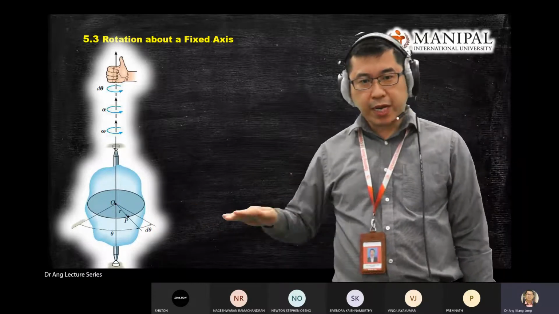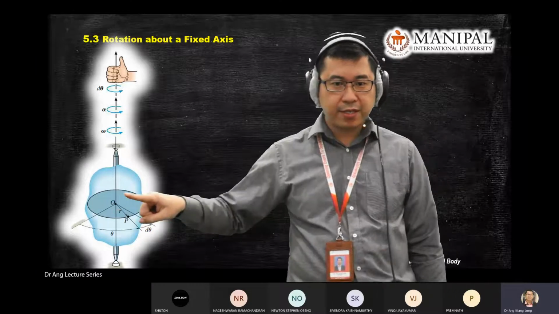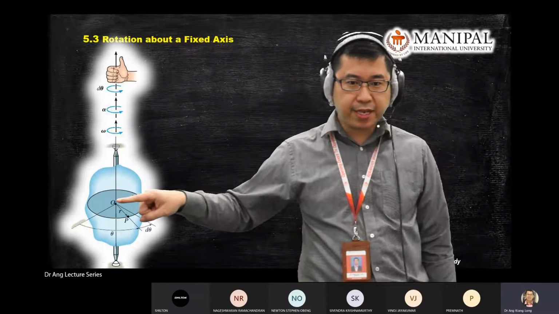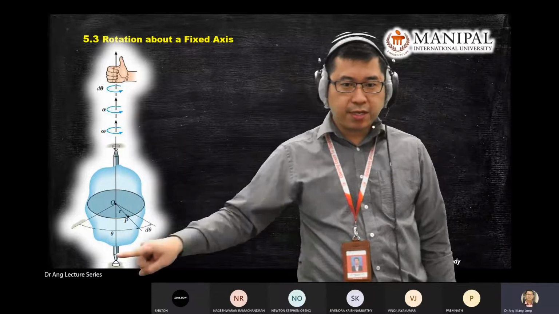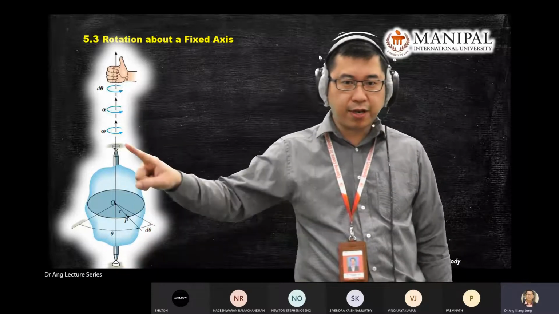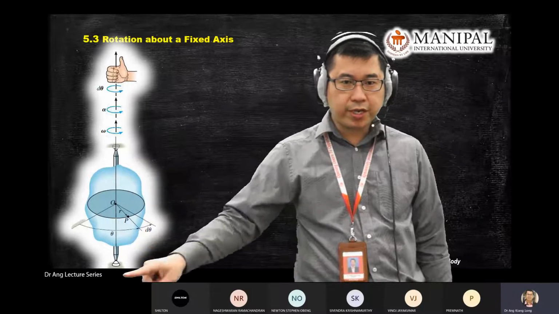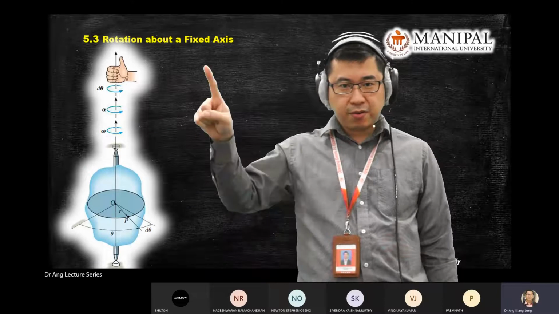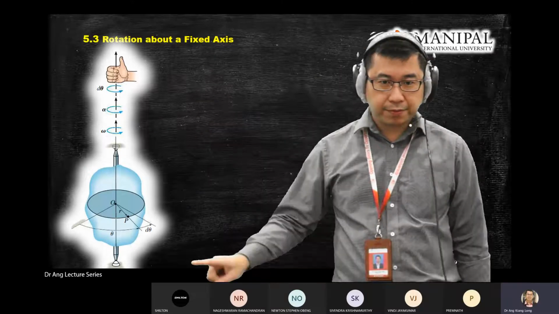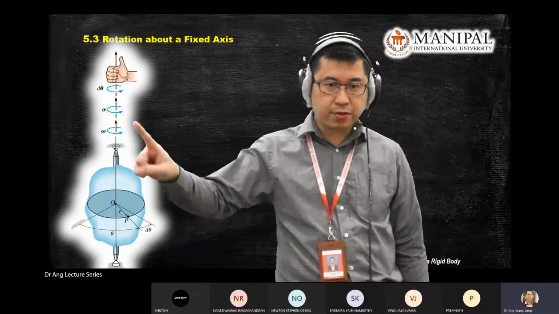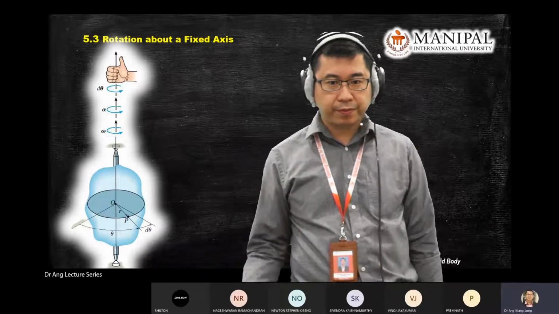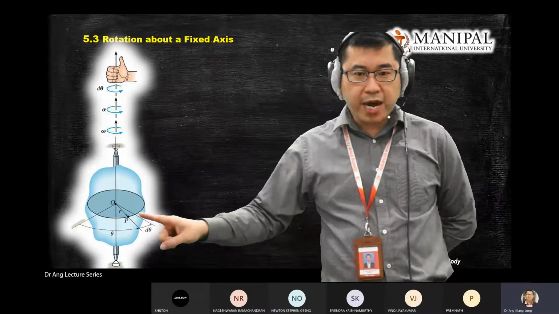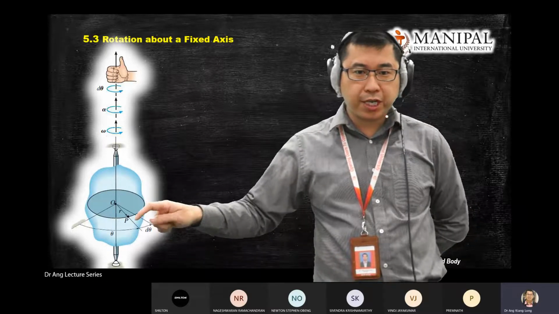Let's say we only look at this round plate here. So this round plate has a center O. This line is the center of your rotation axis. We now have a fixed axis. So this is a fixed axis, rotation fixed already. And on the plate, you have one particle's position.